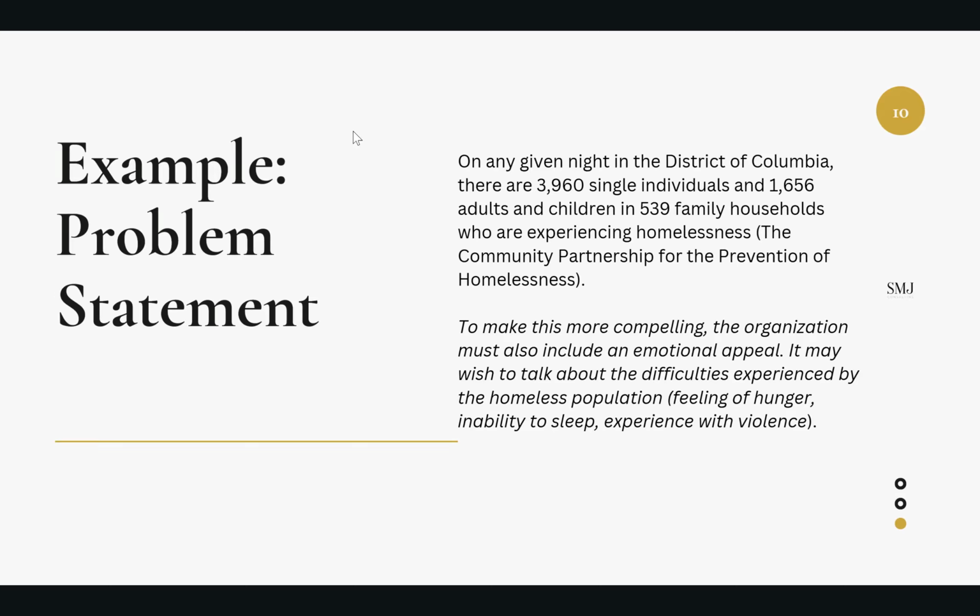So this problem statement is mainly focusing on the fact that people who are homeless don't necessarily have secure housing. And part of the solution for this organization is that they want to help those individuals have access to housing.